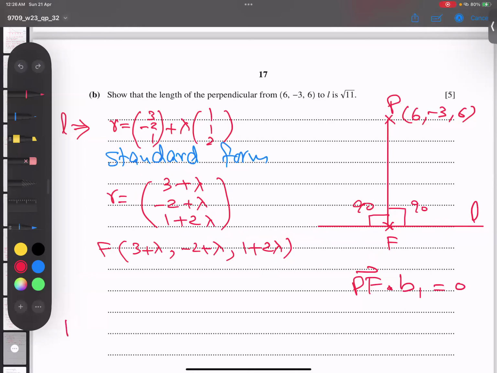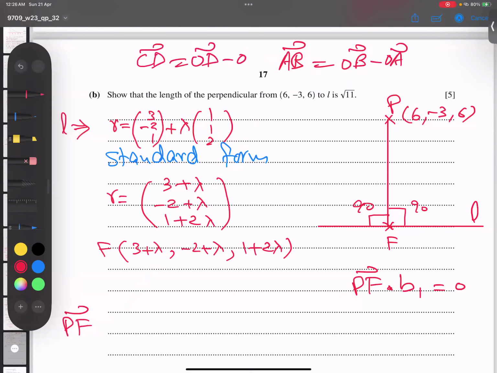And what is the technique to get the PF vector, students? Basically, we know the rule: AB vector is actually OB minus OA, with the origin involved. So, for example, CD vector is OD minus OC. So what about the PF vector?